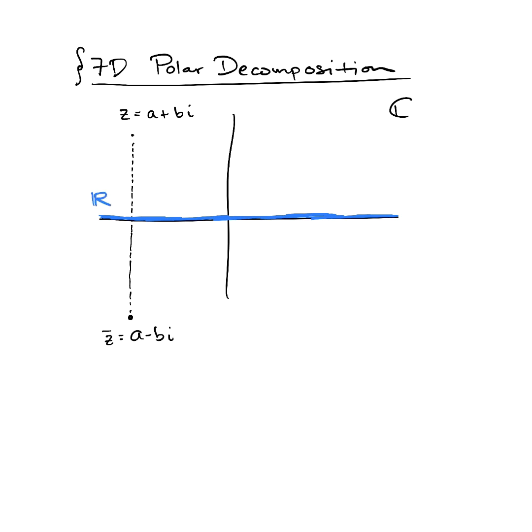Now, among those numbers, among the reals, some of them are bigger than or equal to 0. And that's these numbers here in red, the non-negative real numbers, which we could denote with R plus.